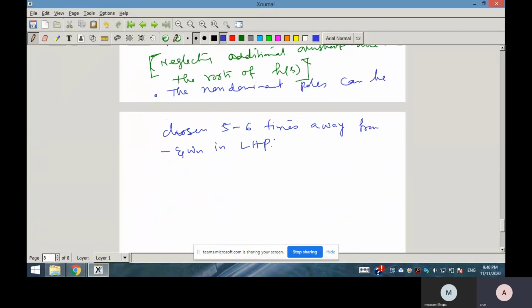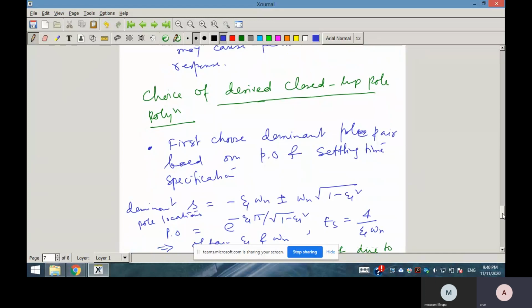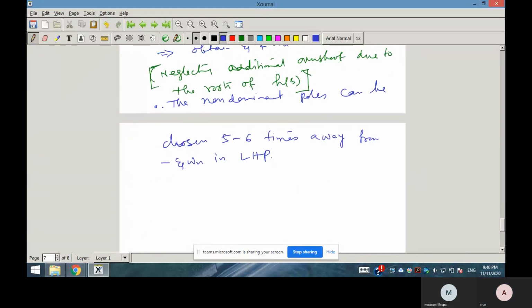This is one way to choose your closed loop polynomial. You can vary it, you can make it more than that so as to meet some other specification if there is any.